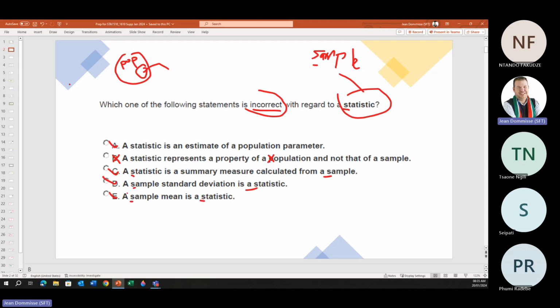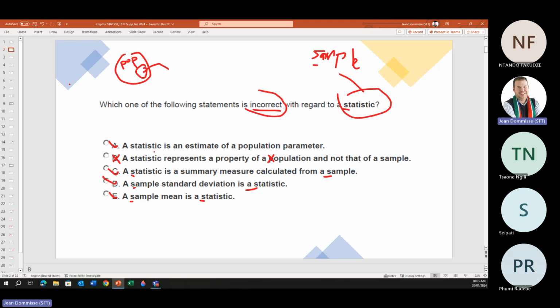They could also have said a population mean is a parameter. So just remember the difference between a statistic and a parameter: the statistic is linked to the sample and the parameter is linked to the population.